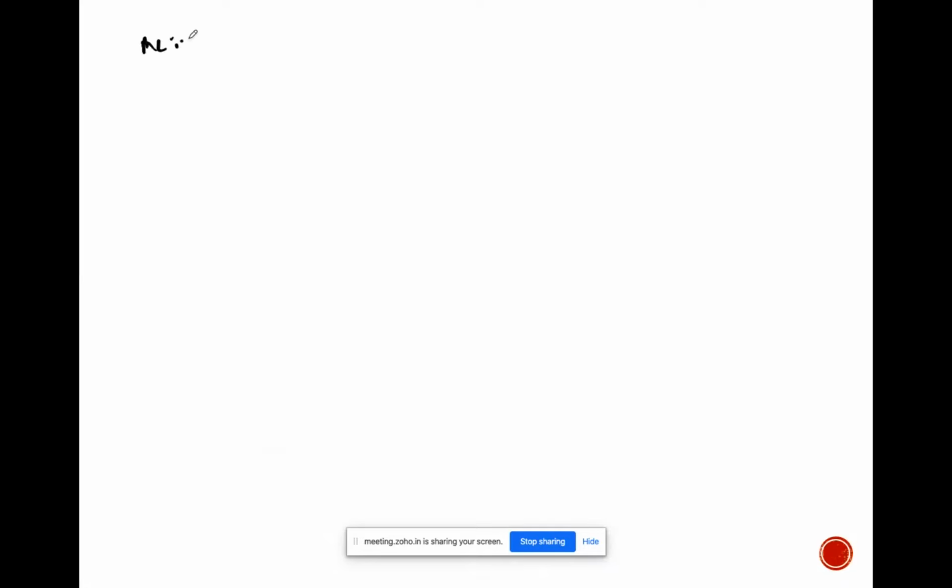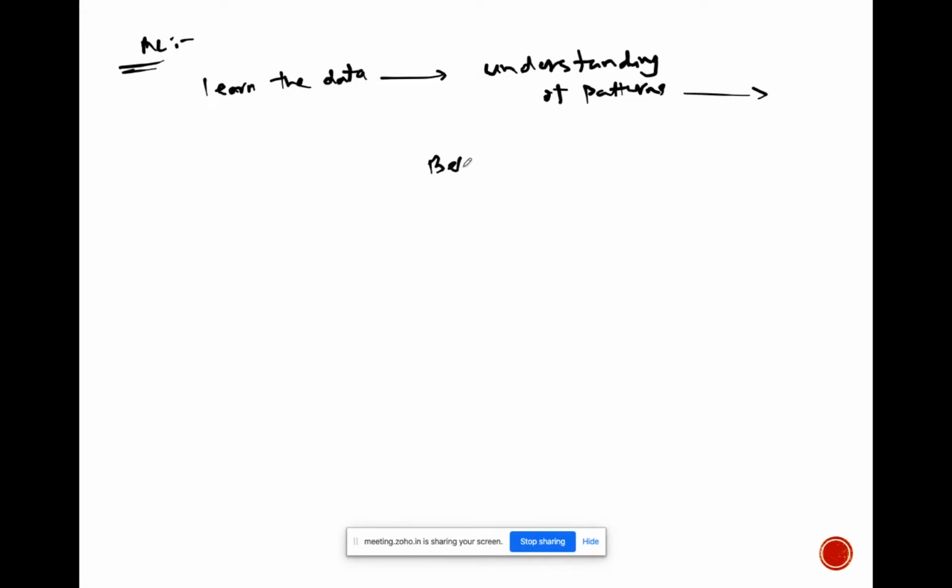Machine learning is the process of learning. We learn from the data. Learning leads to understanding of patterns, and it improves generalization capabilities on unseen data.